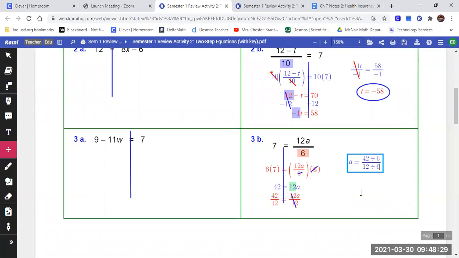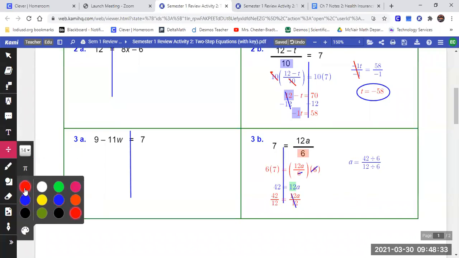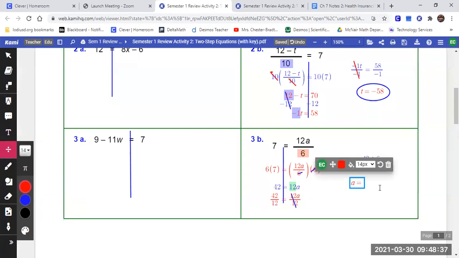I multiply the factors together. Okay, so I have an a that's going to equal the fraction. If I do 42 divided by 6, I get 7.